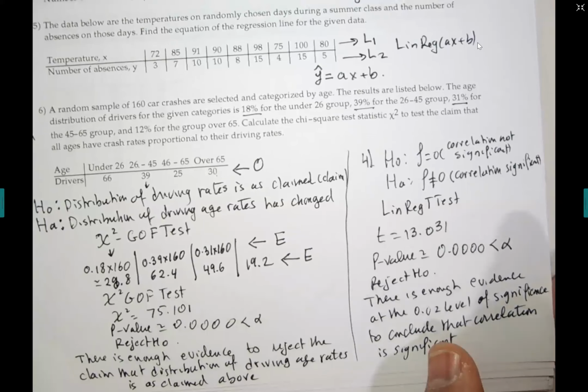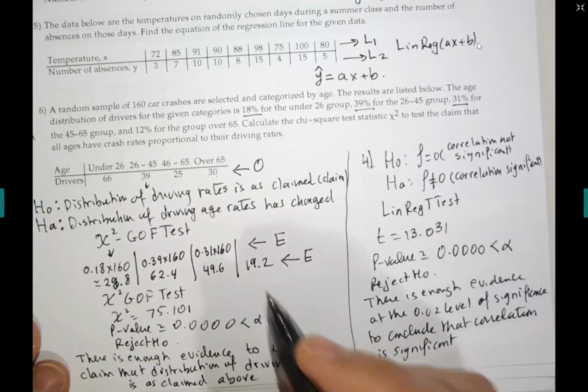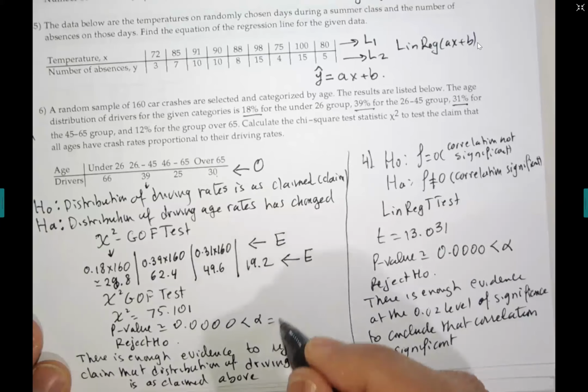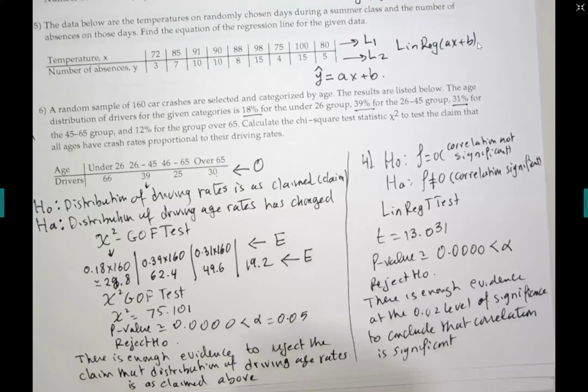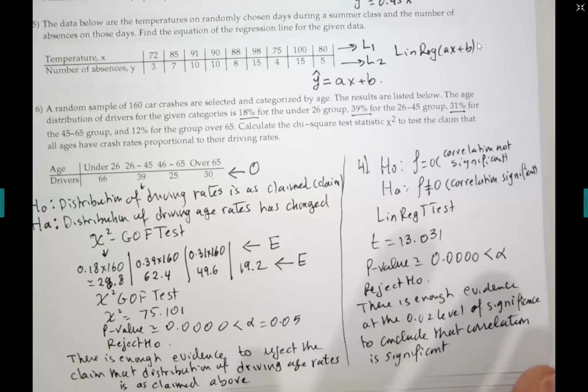Oh, he didn't give us alpha, well, 5%. It doesn't matter what alpha is, guys, because the p-value is 0. No matter what alpha is, you're going to reject the null hypothesis. So this is a review for section 10.1.